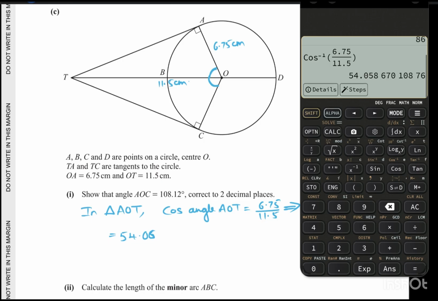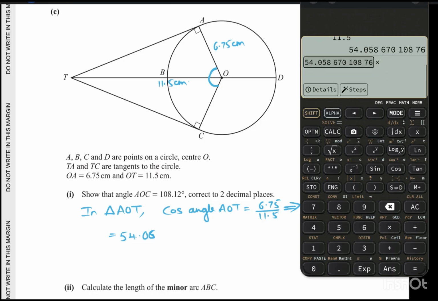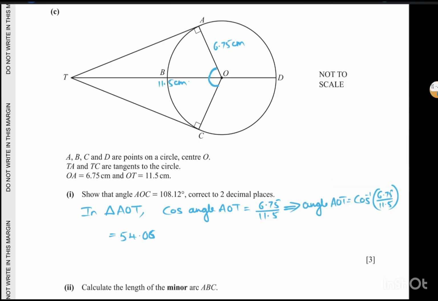So whatever answer I got, if I multiply by 2, I will get the final answer, 108.117. I will write here angle AOC is equal to 2 into cos inverse of 6.75 by 11.5.